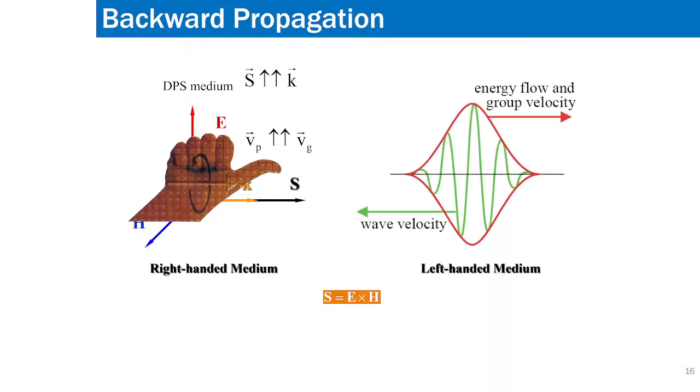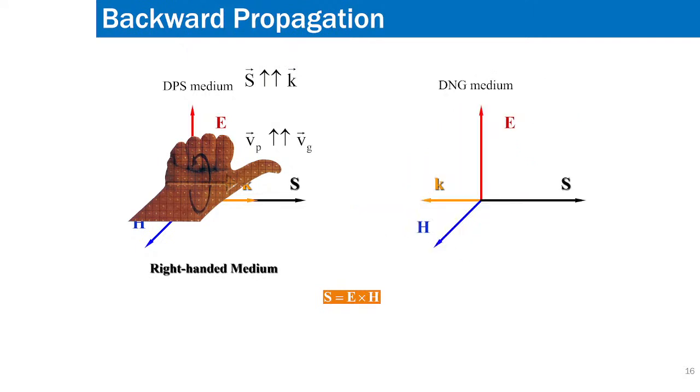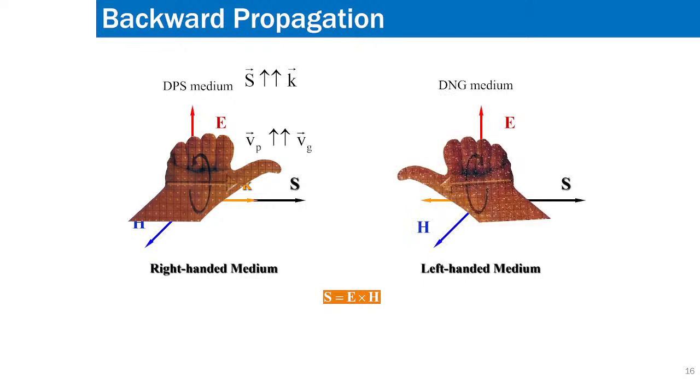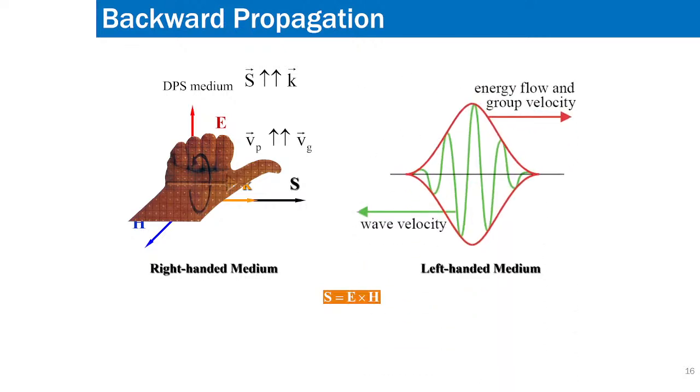Now in this left-handed material, S and K are antiparallel, Vp and Vg are antiparallel. Since Vp and Vg are antiparallel, if the energy flow and group velocity are in, suppose, the x direction, then the wave velocity will be in the opposite direction.